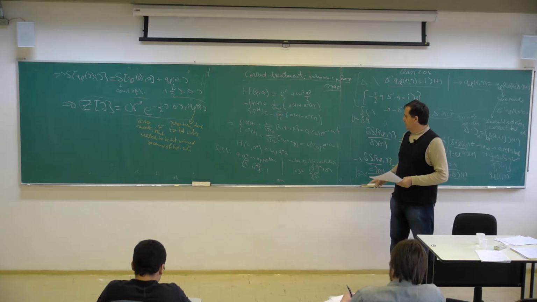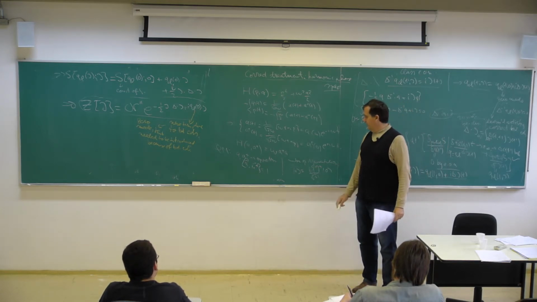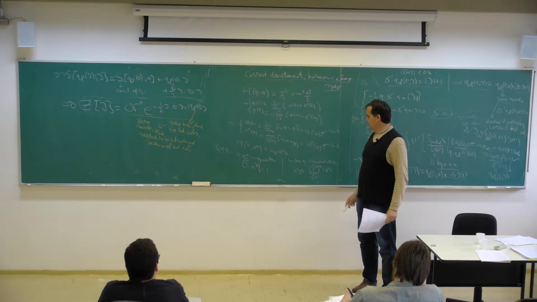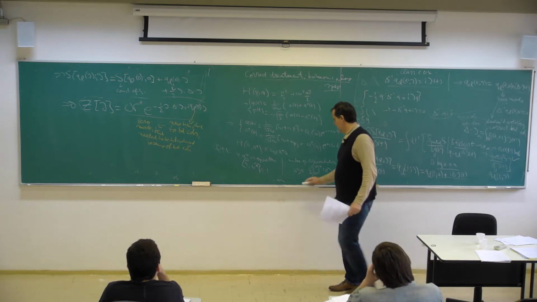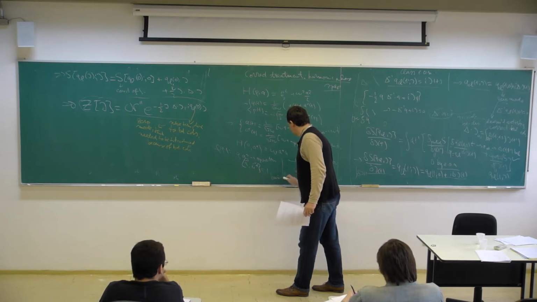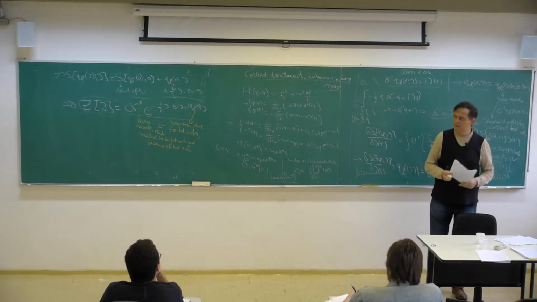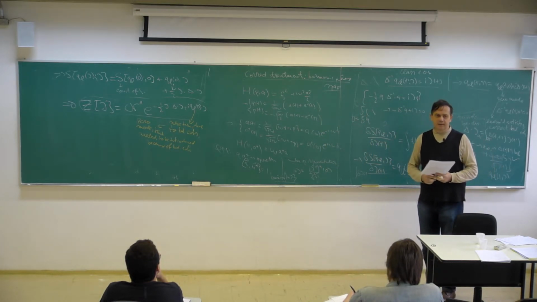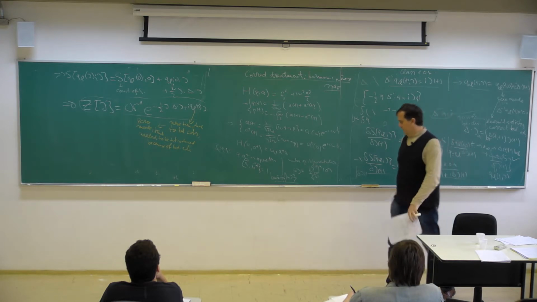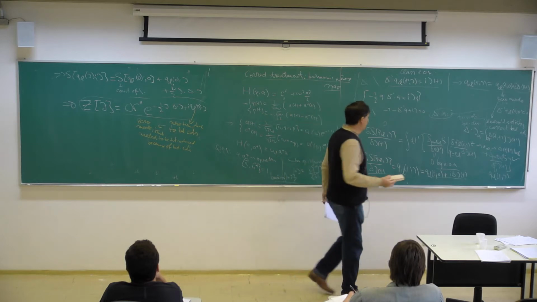Okay, so this was a set of states for the harmonic oscillator, a basis. So the basis was defined as the sum of all these states n. However, it turns out that there's another basis that is useful, the basis of coherent states.